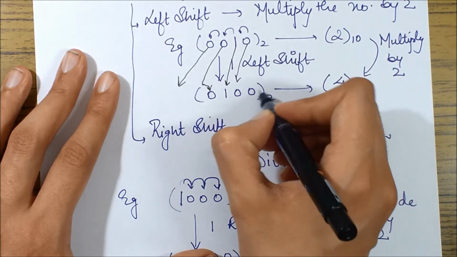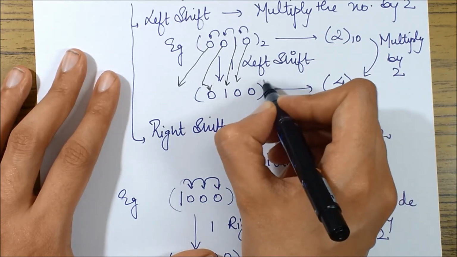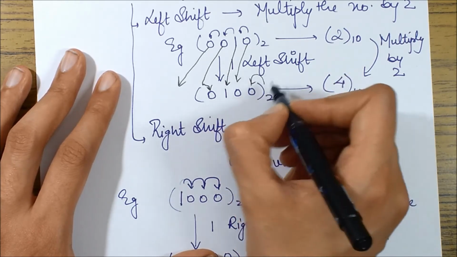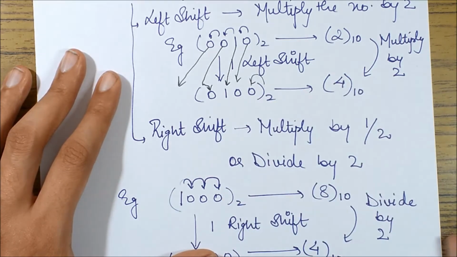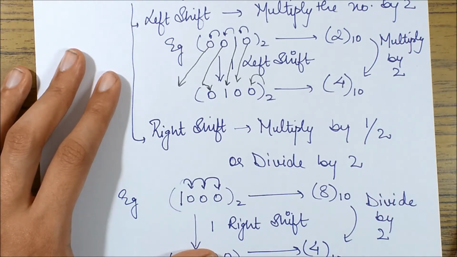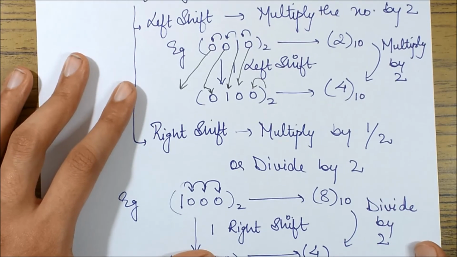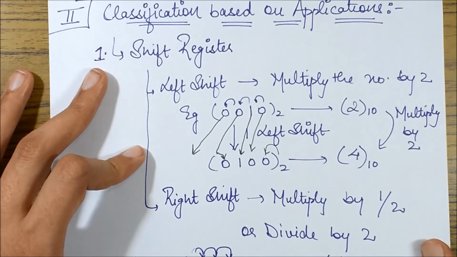And since I had to put a bit over here, I've just taken one extra bit out of nowhere, so that is a 0. When we take an extra bit out of nowhere, we take it as 0. So this is a simple left shift operation.